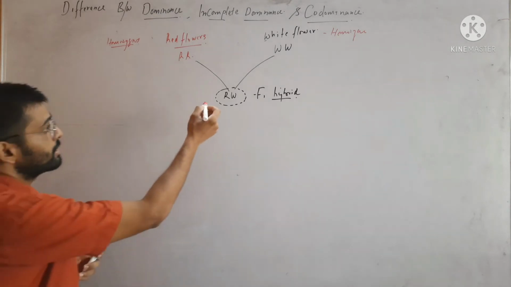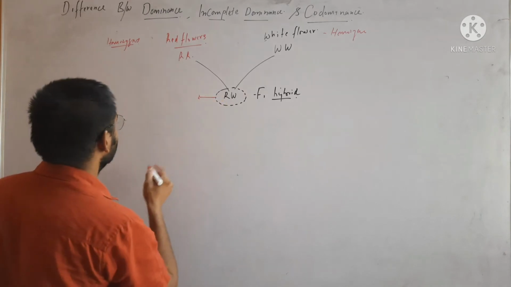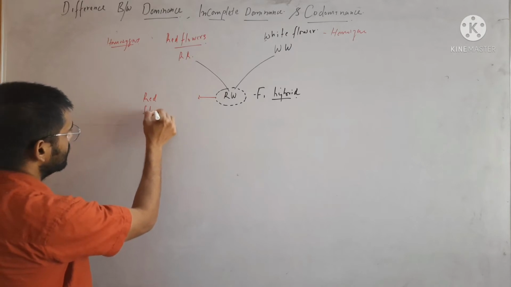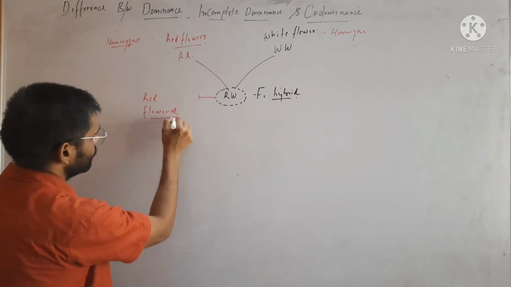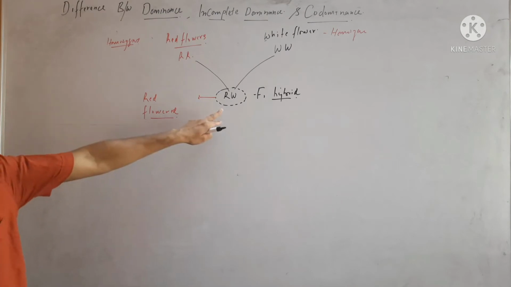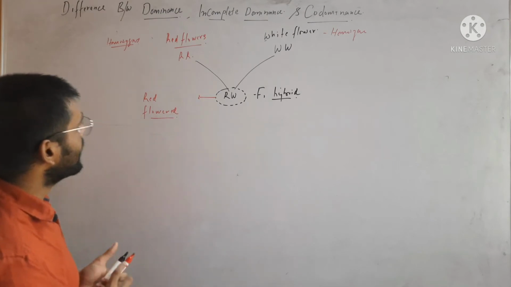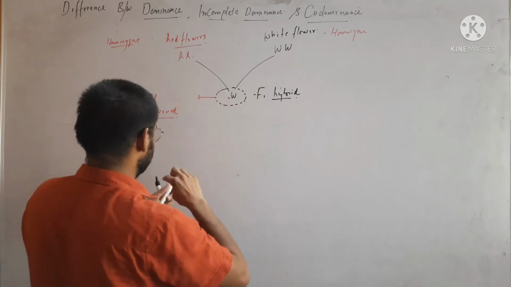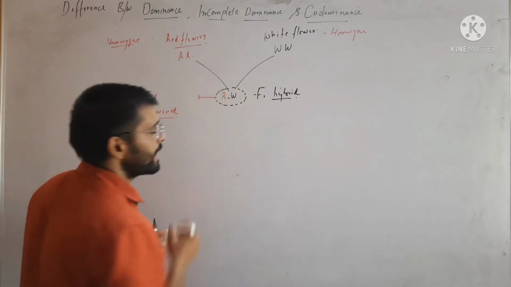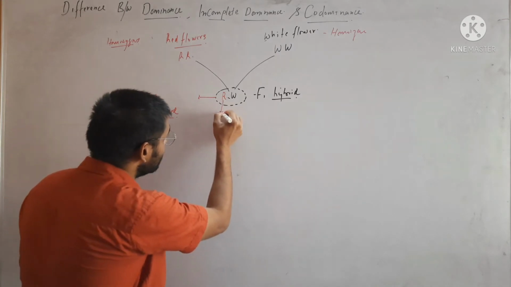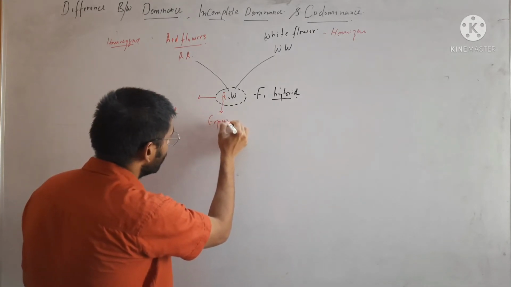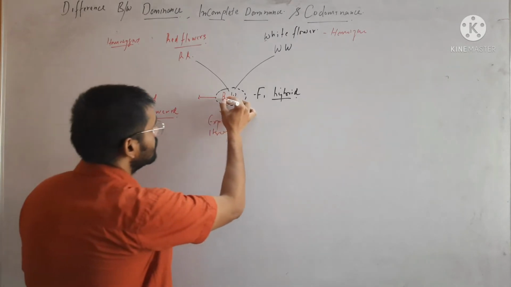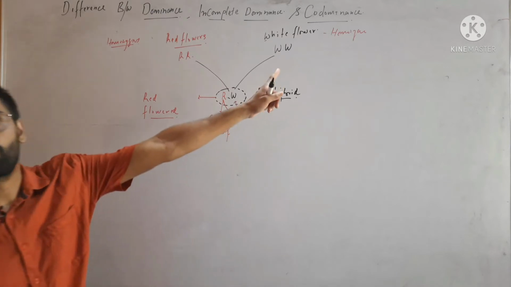Suppose this plant is red flowered. If this plant is red flowered, then in that case the allele for red flower expresses itself, and it masks the allele of white flower.